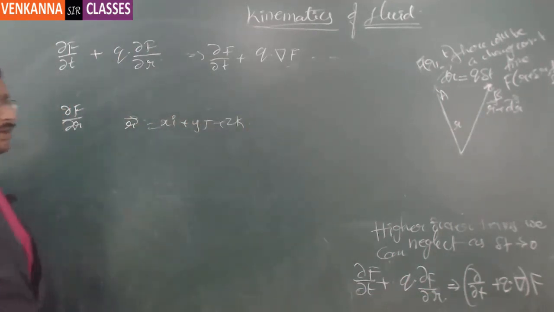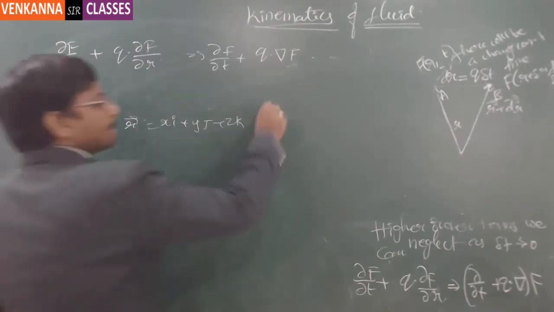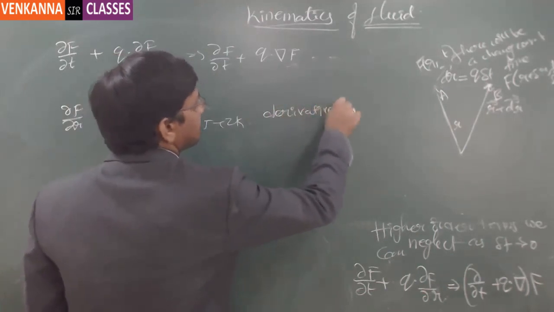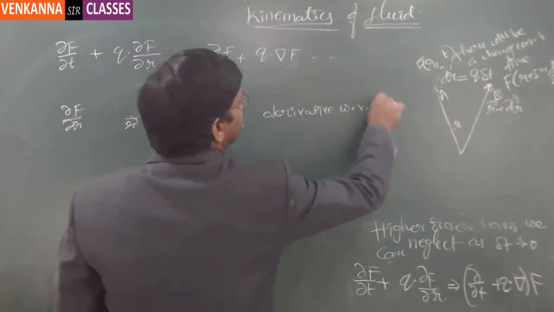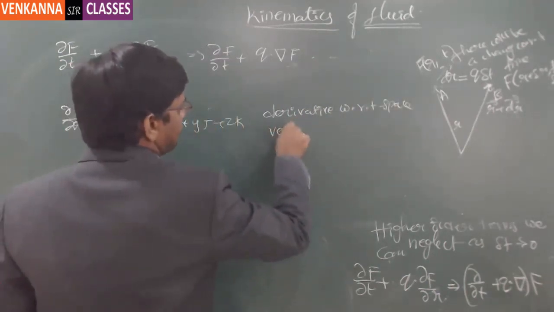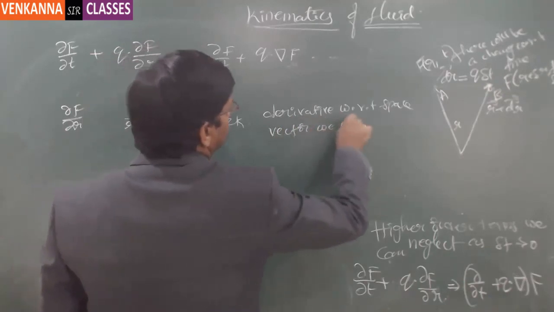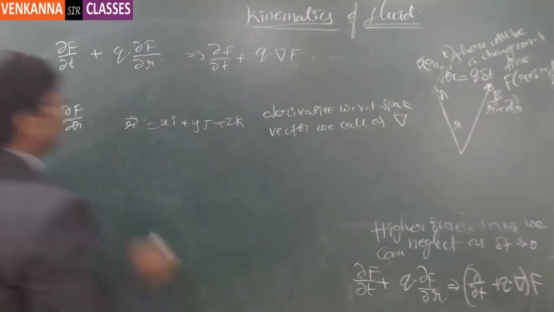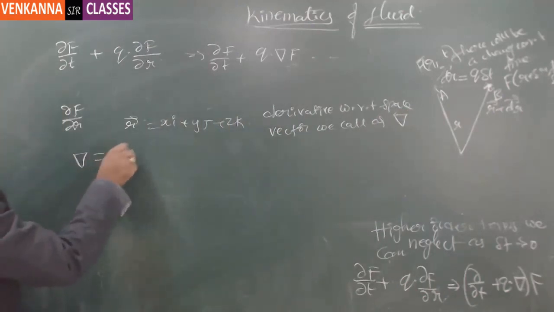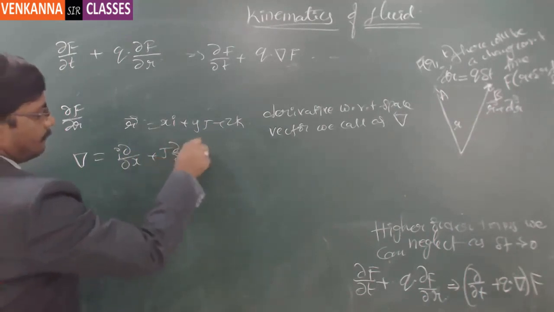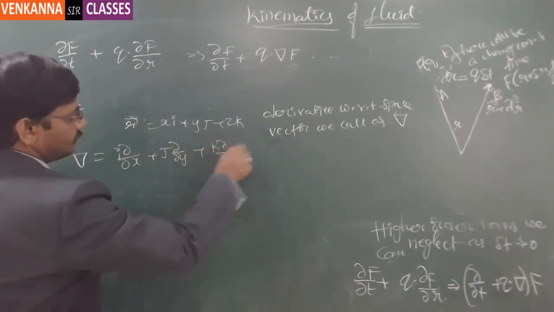Now this is a vector. The derivative with respect to a space vector we call del. So del is defined as i dou by dou x plus j dou by dou y plus k dou by dou z. So this is a vector operator.